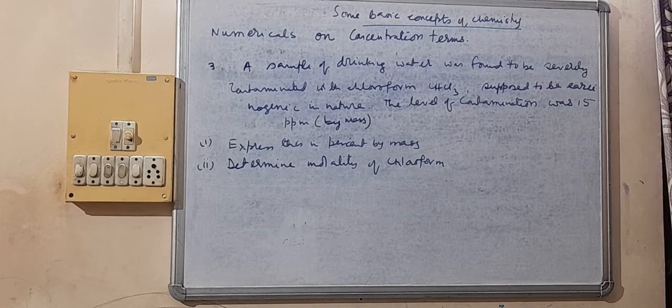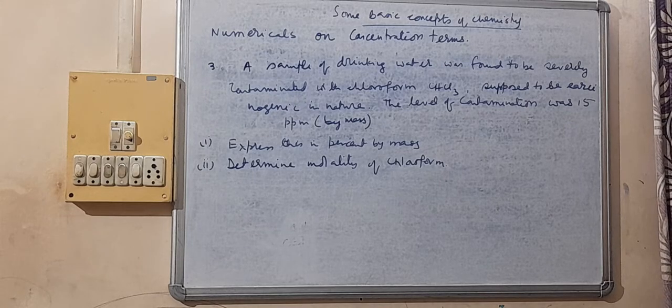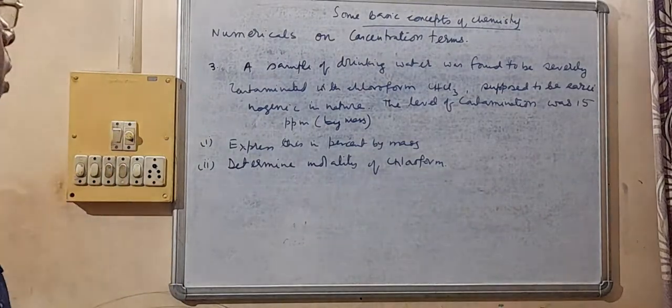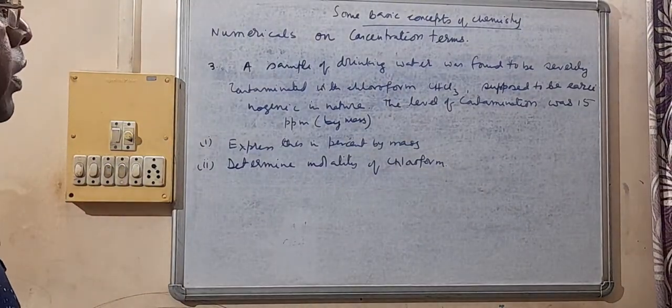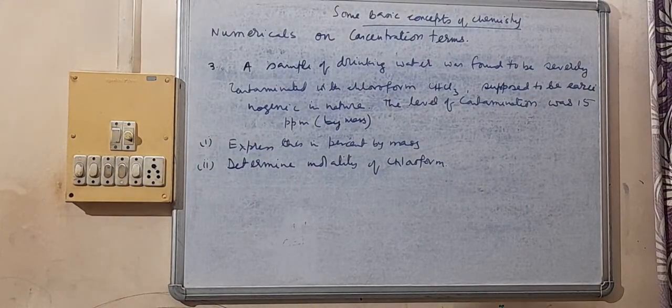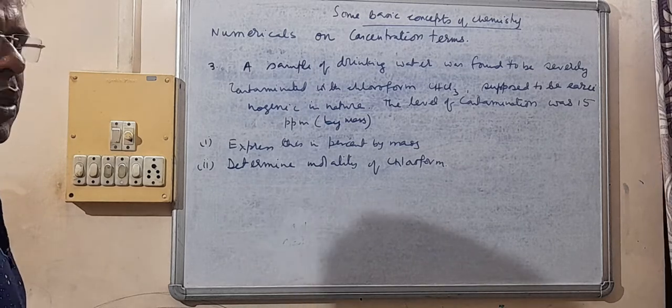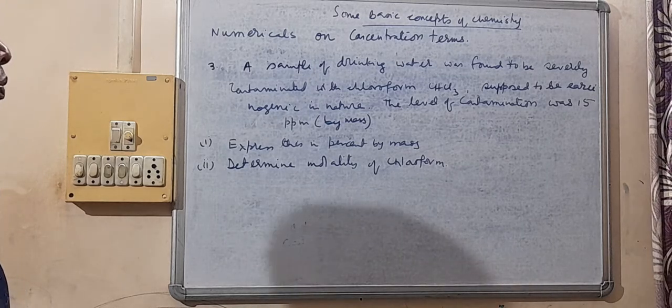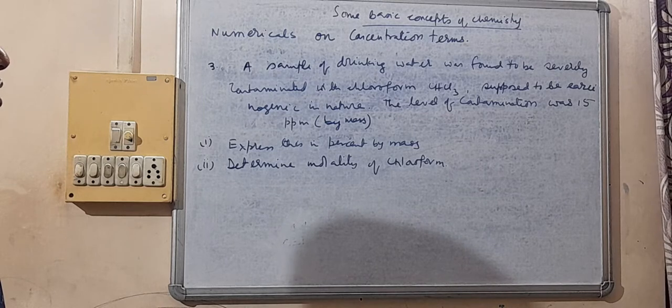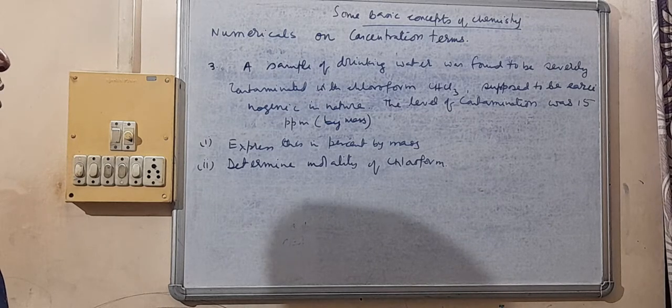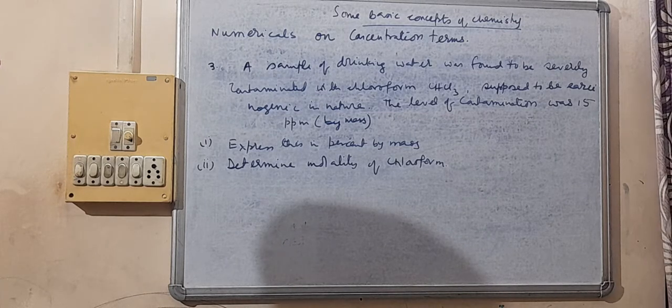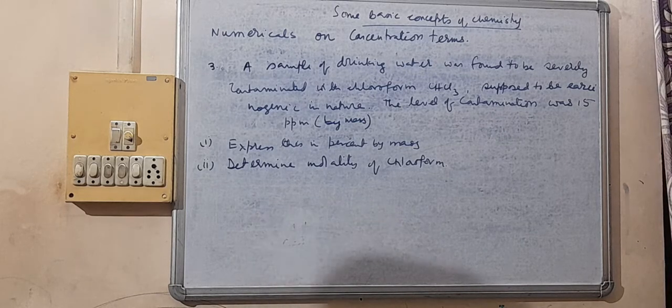Okay children, our next question is, a sample of drinking water was found to be severely contaminated with chloroform, supposed to be carcinogenic in nature. Carcinogenic means which produces cancer. The level of contamination was 15 parts per million, which in short is called ppm, 15 parts per million by mass.